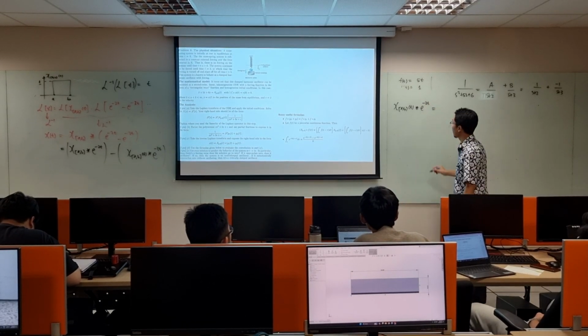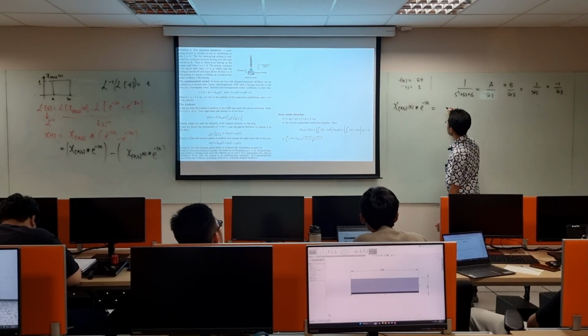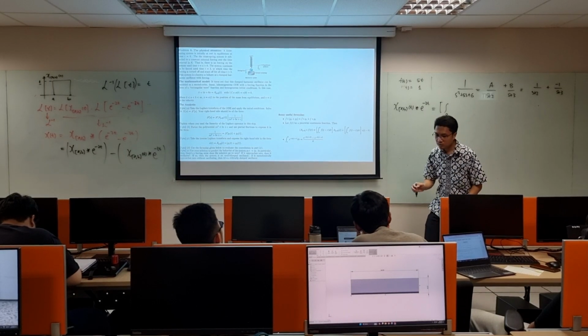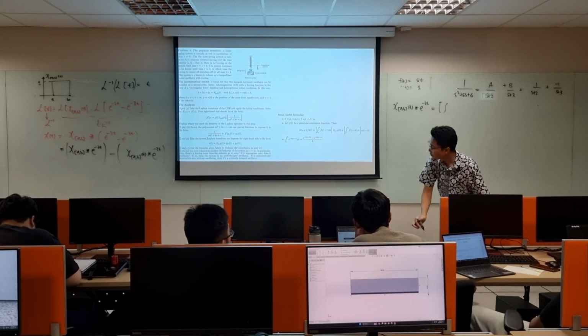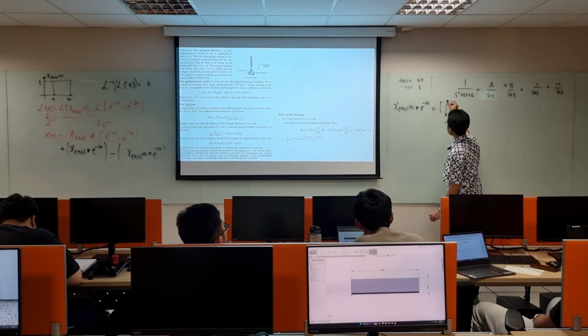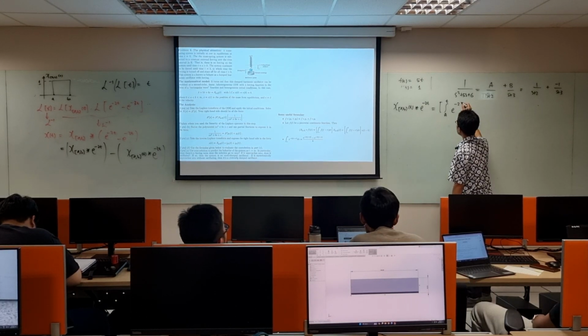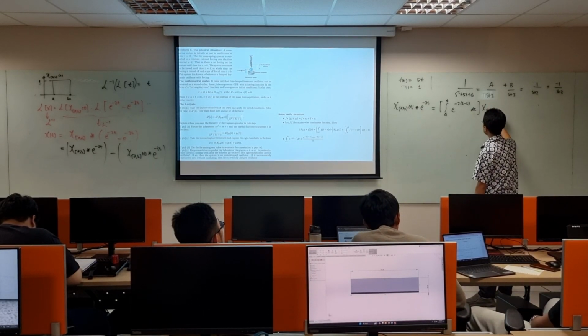Oh ya, A to B, right? So this is the integral from A to t, sorry, of e minus 2(t minus tau) d tau. And then you have to multiply with this.